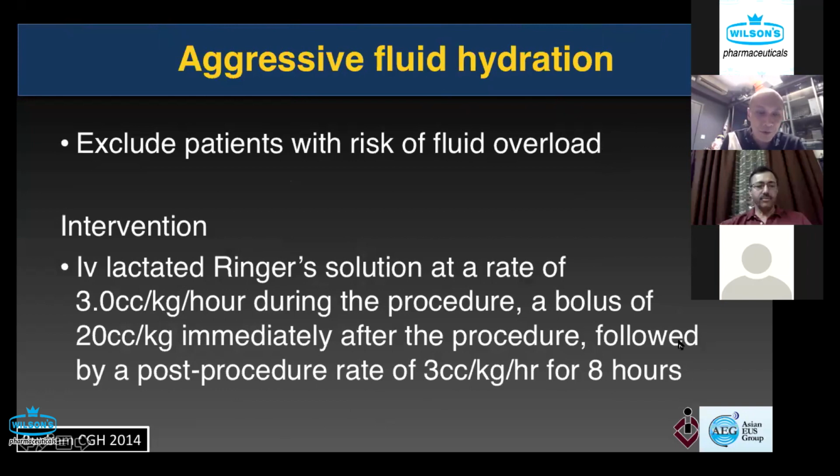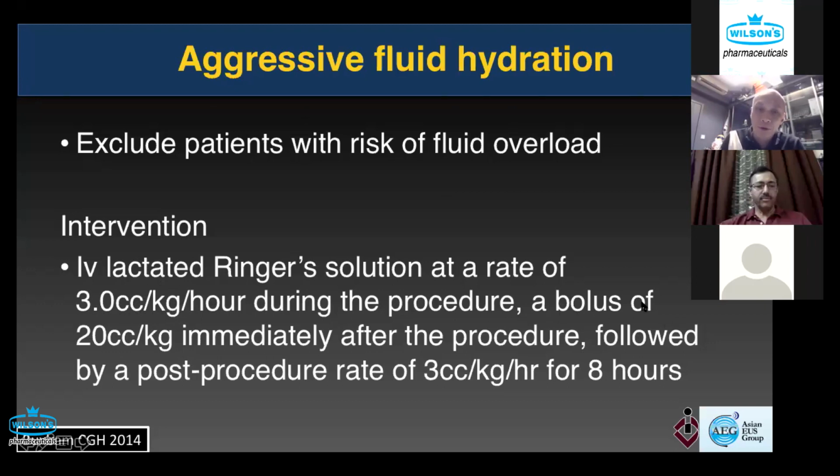Another study published more recently looked at the use of aggressive fluid hydration. Of course, we have to exclude patients who have a risk of fluid overload, like heart failure and renal failure. And how do we give this aggressive fluid hydration? It's 3 cc per kilogram per hour. So if there's a 50 kilogram patient, we need to give 150 cc per hour.